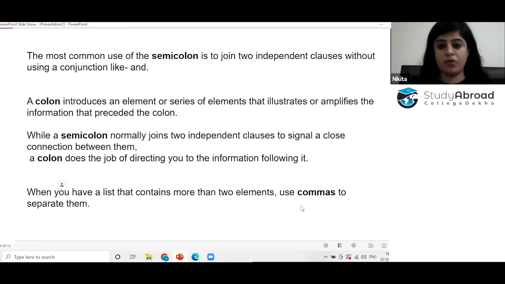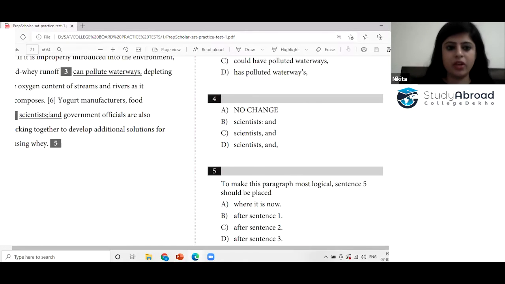Now, if we talk about when commas are actually used, there are multiple uses of commas, but in relation to this question, it is used when you have a list that contains more than two elements, this A, B, C. Use commas to separate them, right? Have a look: yogurt manufacturers, food scientists, and government officials. So there is a list going on.